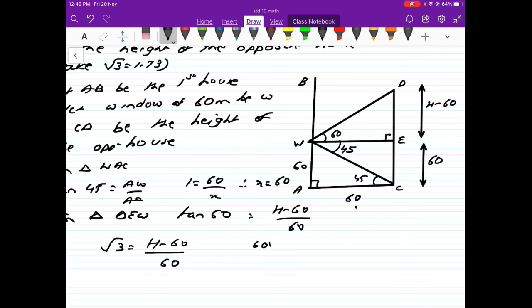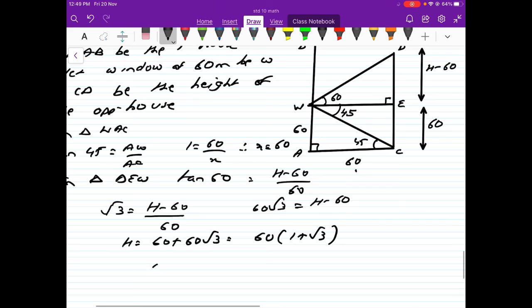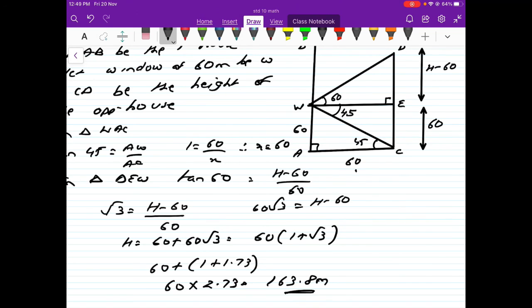So 60 root 3 is equal to H minus 60, so H is equal to 60 plus 60 root 3. If I take 60 common, it will be 1 plus root 3. The value of root 3 is 1.73, so 1 plus 1.73 becomes 60 into 2.73, and the final answer is 163.8 meters. So this is the height of the opposite house.